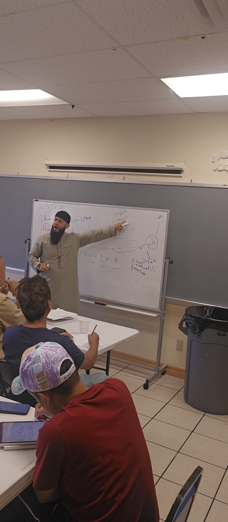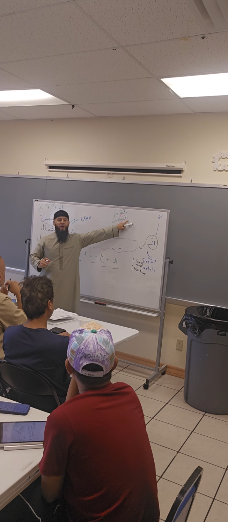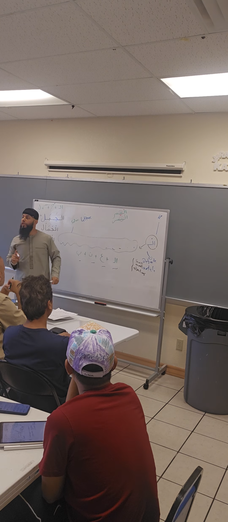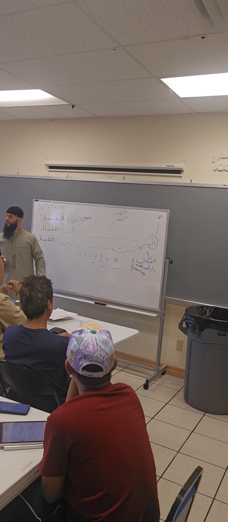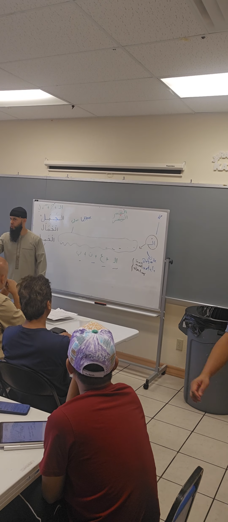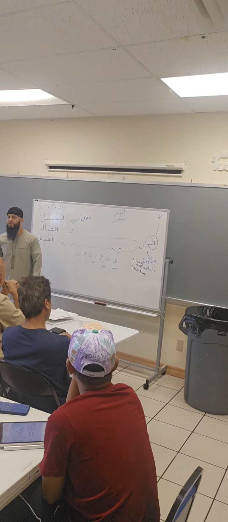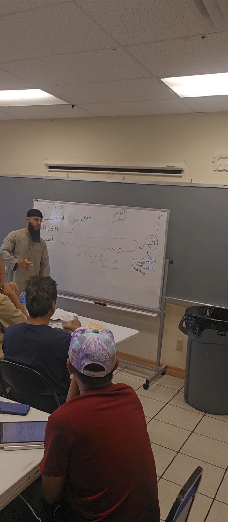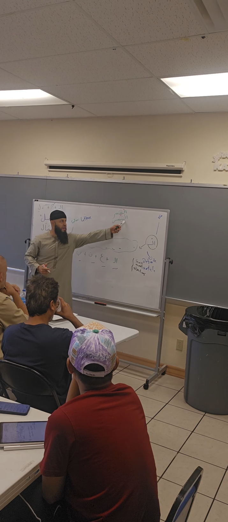You're not pronouncing al here. You're jumping right from the alif to ash. This is very important, especially when it comes to reading, especially the Quran reading. You're not going to say al-shams. For example, there's a surah called ash-shams, the sun. You're not going to say wal-shamsi, you're going to say wash-shamsi. So you jump right away. Al is not pronounced.